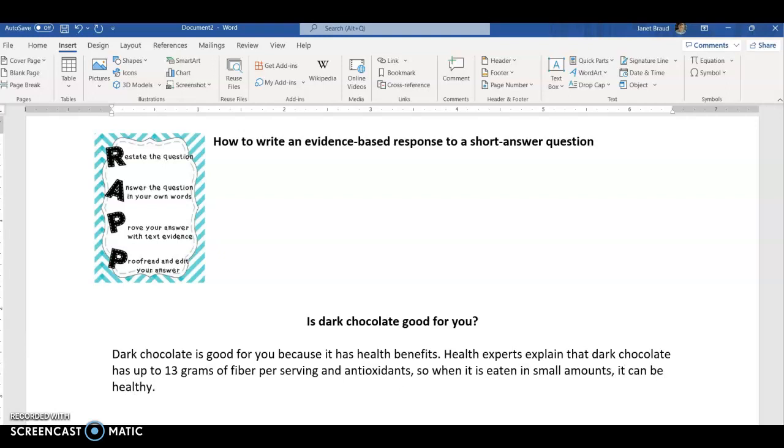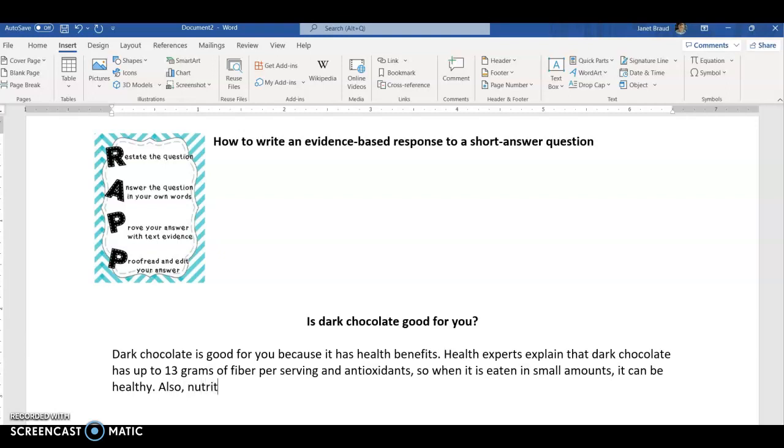But I also have another piece of evidence. Sometimes your question will say to cite 2 pieces of evidence or 3 pieces of evidence. So for this one, I am going to cite another piece of evidence to show how to transition to that. So I might want to say something like additionally or also.